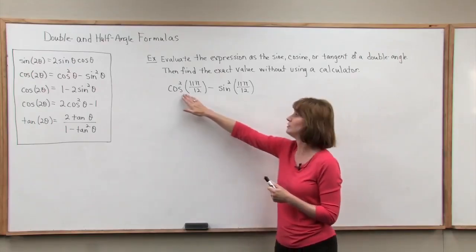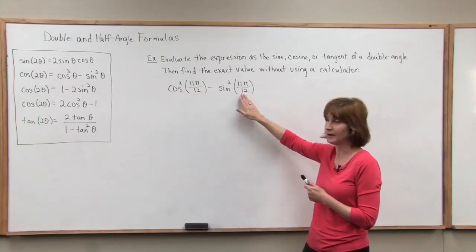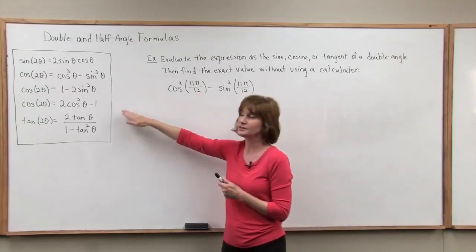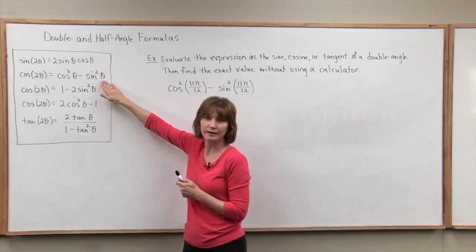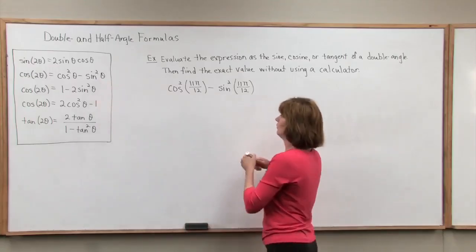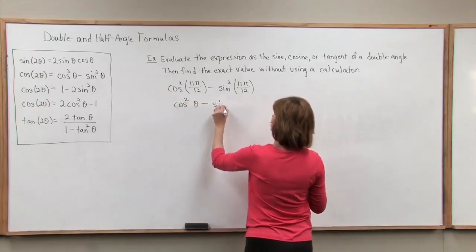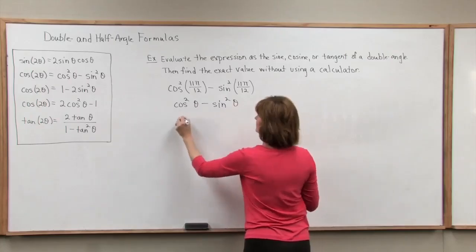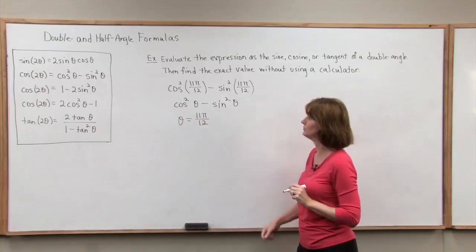So look at this. You have cosine squared of 11 pi over 12 minus sine squared of 11 pi over 12. Which one does this look like? Well, notice it looks like this one, where theta is 11 pi over 12. So it looks like cosine squared theta minus sine squared theta. So I can see that theta is 11 pi over 12.